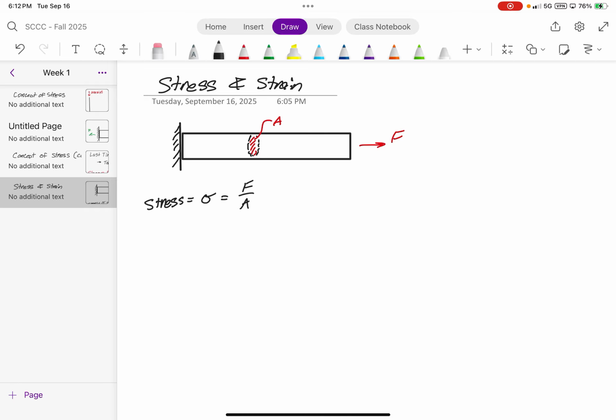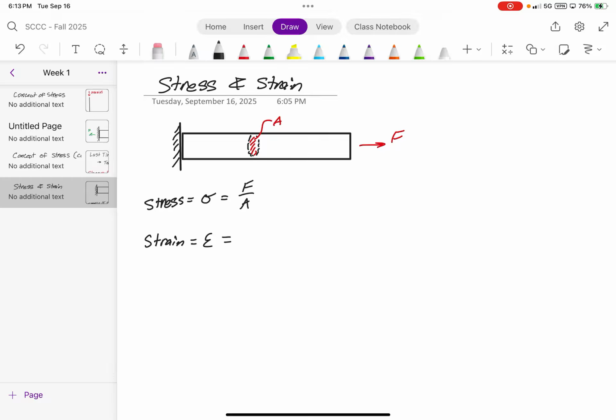So we have this new concept, which is going to be called strain. And strain and stress are related to each other. I'll get into that a little bit later. But strain is defined by this Greek letter we call epsilon, which is basically just a backwards 3.